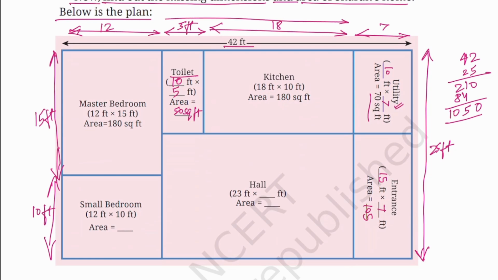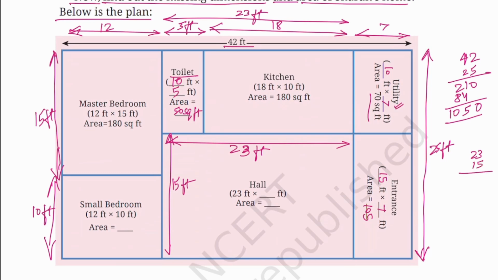Similarly, the hall will have the length of 18 plus 5, 23 feet. And width, that is width of entrance, that is 15 feet. 23 into 15.